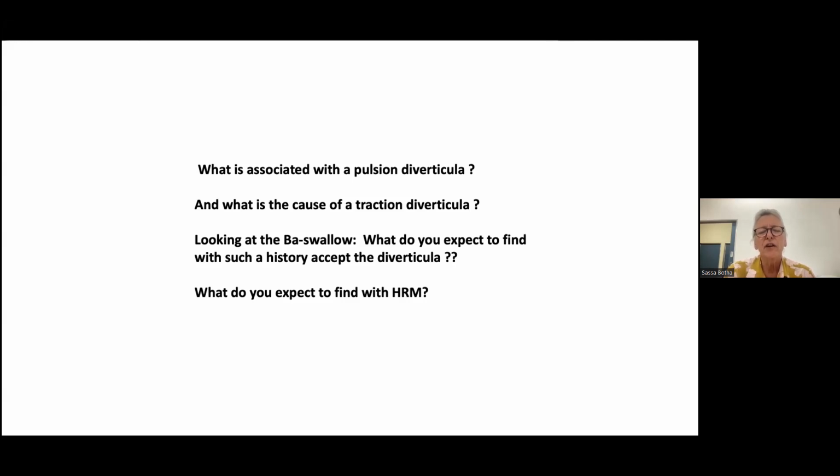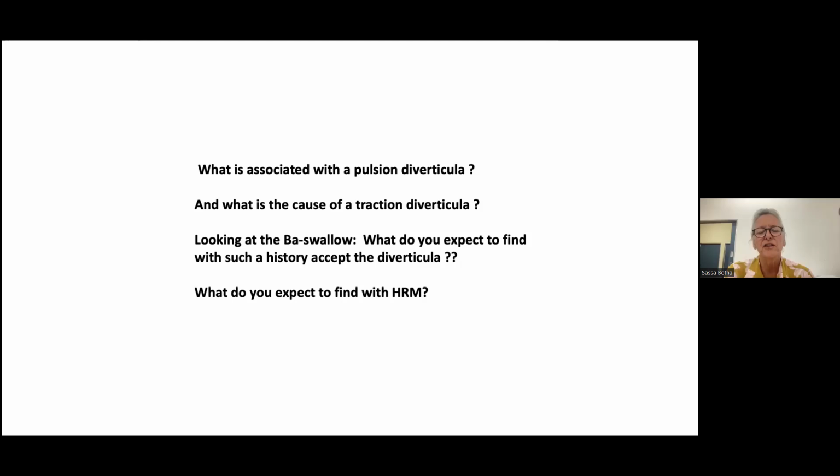So what I've told you already, a diverticulum is associated with a motility disorder. And in her case, she had dysphagia, regurgitation, chest pain, a little bit of heartburn, weight loss. What would you expect to find with high resolution manometry? On high resolution manometry, I'd expect to find an increased IRP.